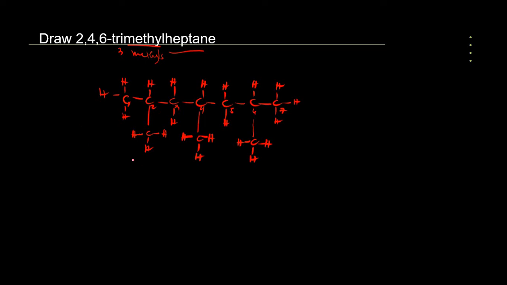How about we write the condensed formula? So just follow what is there in your structural formula. CH. Your CH has a CH3, and then a CH2, and then a CH. Oops, it's okay not to write a branch.